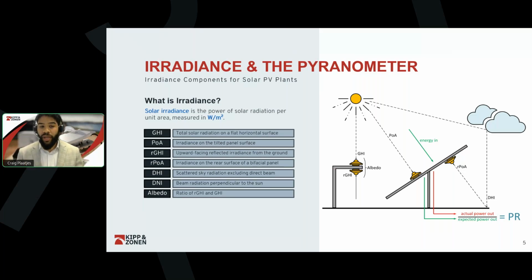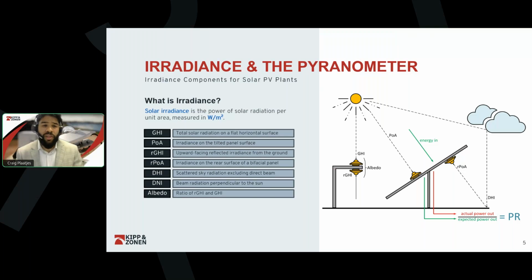Now, irradiance is a measure of the power of this radiation arriving at a particular surface, and that is why it is expressed in watts per square meter. I like to think of this as the fuel supply for a solar PV plant, and so everything that the plant produces essentially starts here.